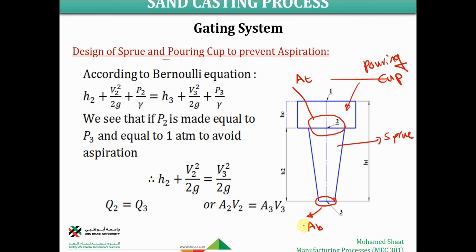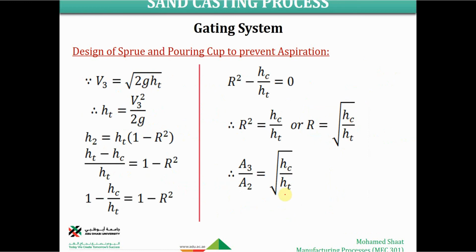We used this relation while we did the design for the sand mold. We used that the area at the bottom to the top area should equal the square root of h over hc, where this is hc, and this is just h, which is the pouring cup height or depth.